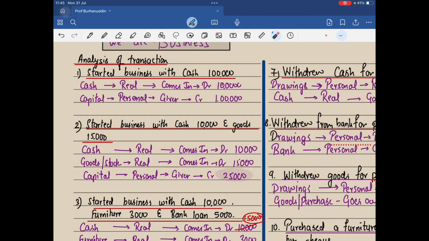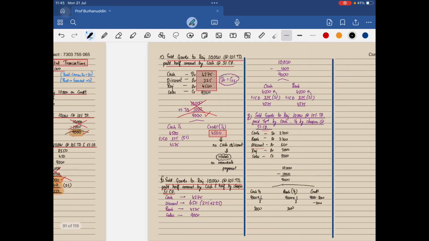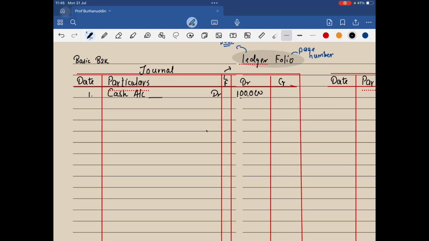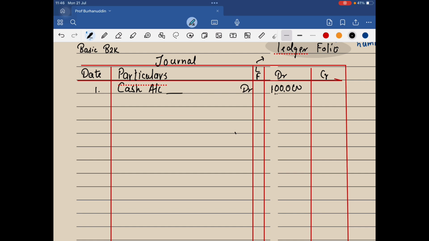Then we have capital account that is credited with 1 lakh. So here, listen to this very carefully. Prakash, you need to remember that whenever you write the credit, you need to leave two finger space and write here 'To capital account'. There is no need for you to write credit over here.